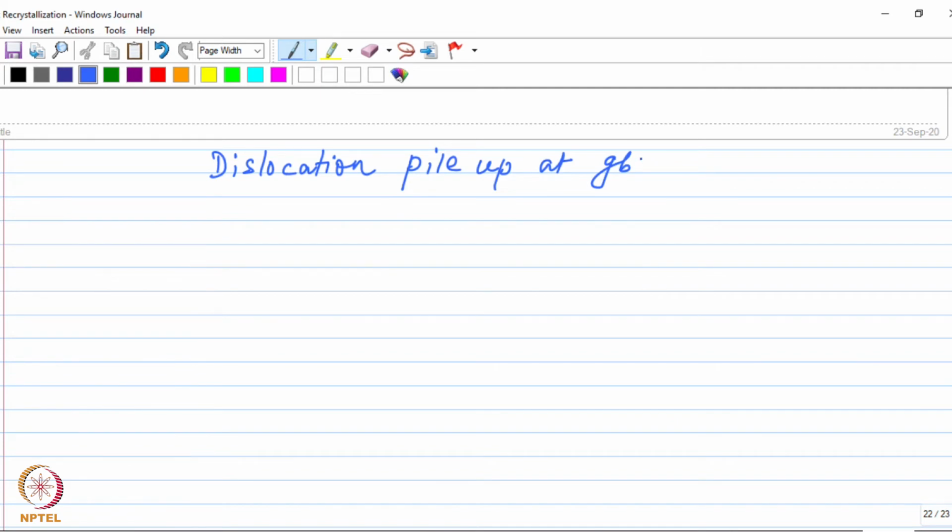So as I said, dislocations will be obstructed by the grain boundaries, and as that happens, the dislocations will pile up as they encounter the grain boundaries. Okay. So this theory is proposed based upon the dislocation pile-up at the grain boundaries.